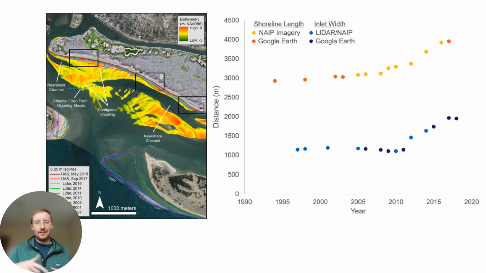As the island really starts to build out in length, the shoreline length in this figure really starts taking off. Around the same time, we also see the inlet really widening. So there does seem to be some connection there with what's going on.